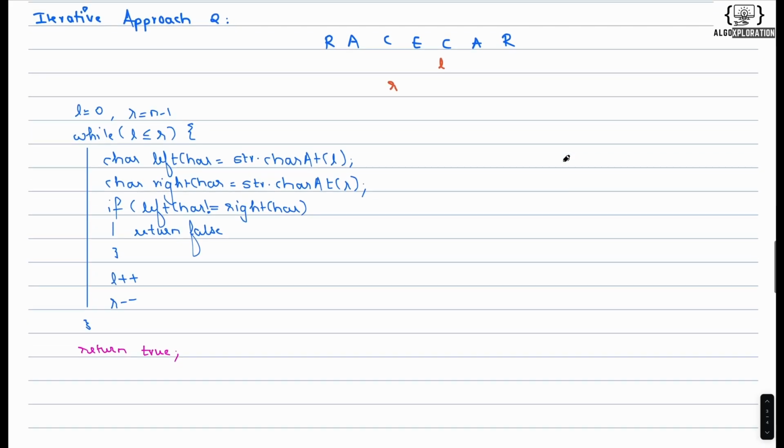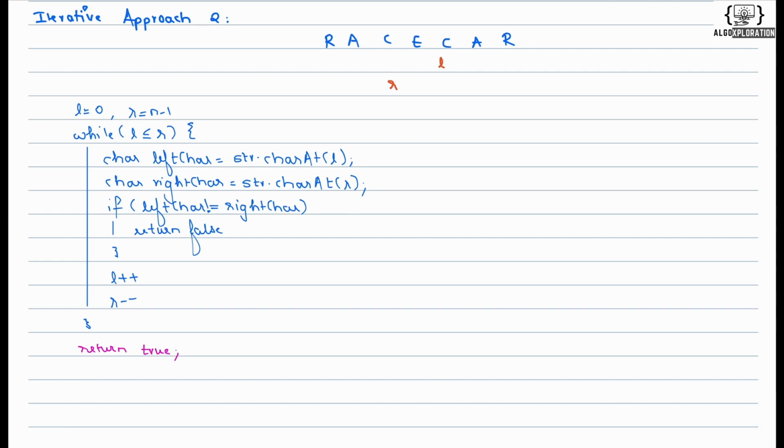But if you talk about the second approach, here we do see that there is a while loop. The L pointer is coming from the extreme left side and going to the right hand side, and the R pointer is coming from the extreme right side and going to the left side. So they will be stopping in the middle only.